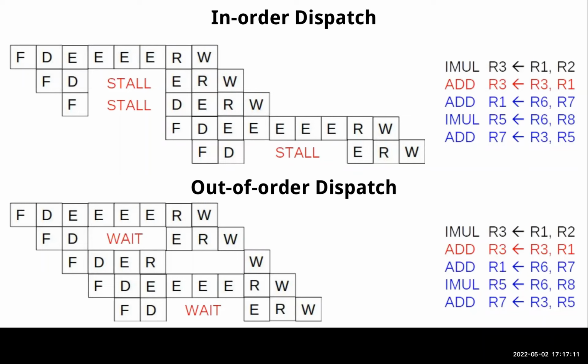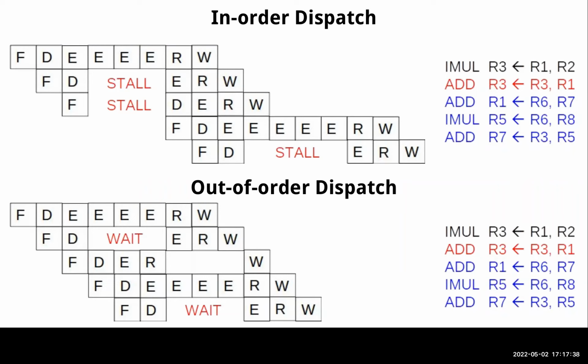For the in-order one, we have 5 instructions, and in the pipeline graph we have 5 rows. Each row maps to 1 instruction. Then there are many different columns, and each column means 1 CPU cycle. For example, at the very first CPU cycle, we only have the F on the first row.